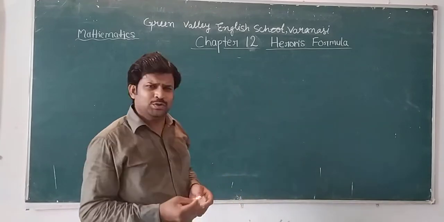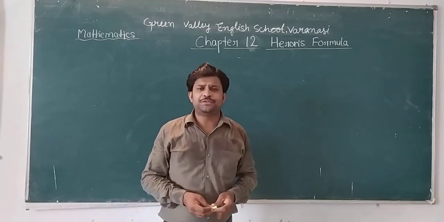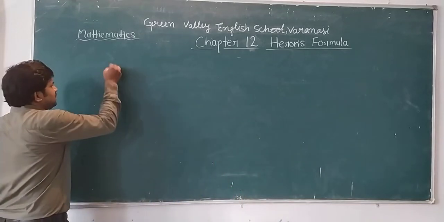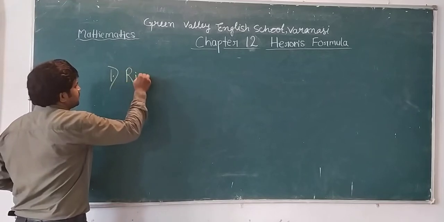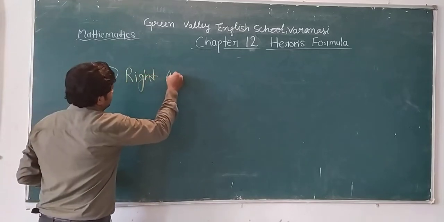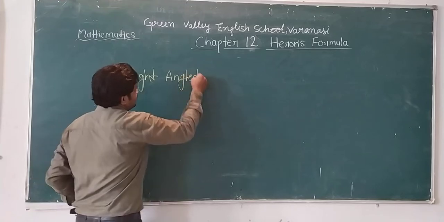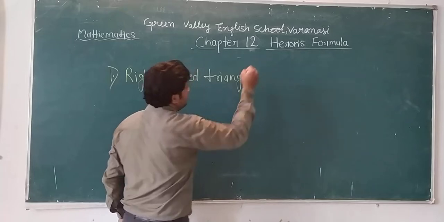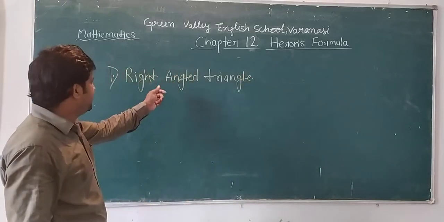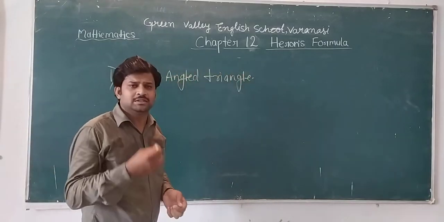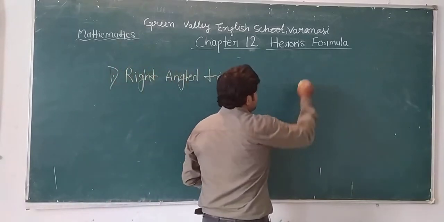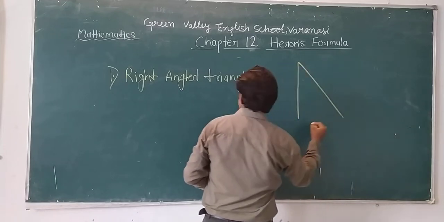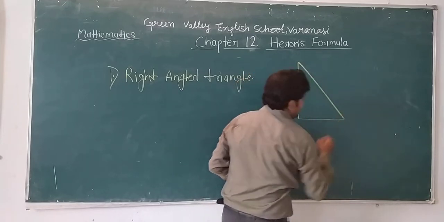As we all know, when we are going to find the area of a triangle, like a right triangle, first we take a right angle triangle.